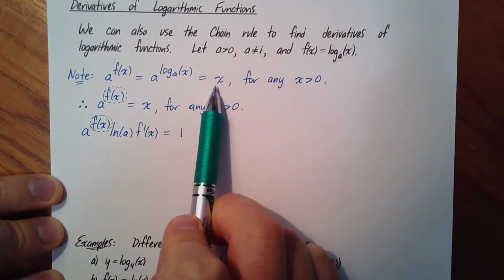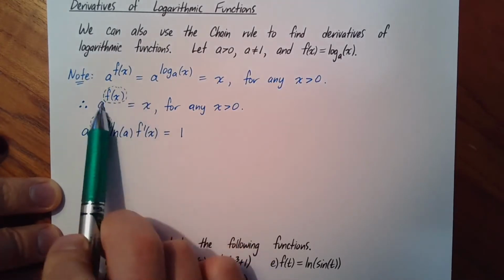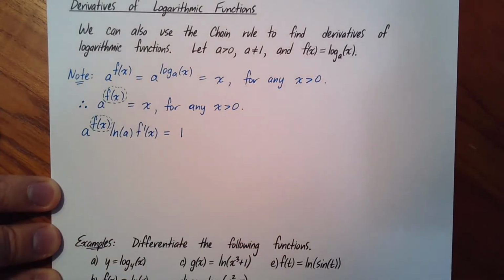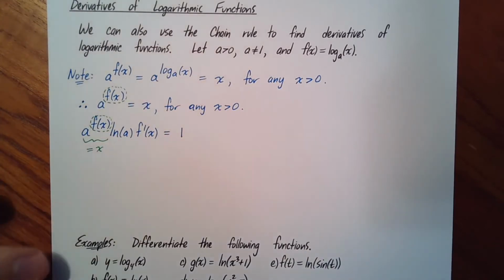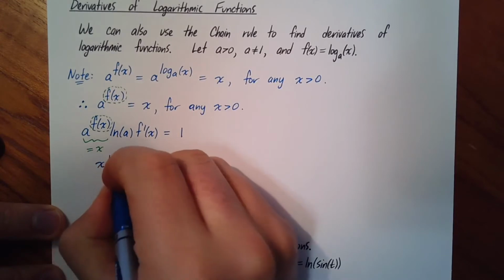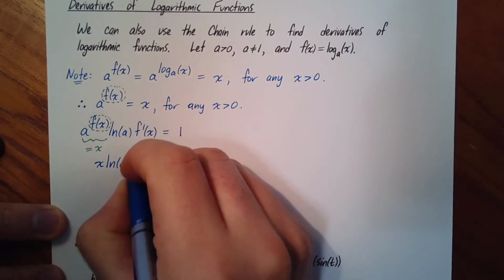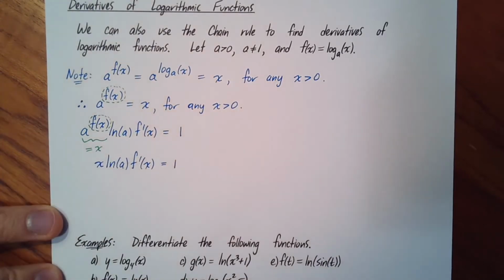A to the f of x is just equal to x. Let's plug that in here, so this is just equal to x. So what you end up with is x times the natural log of a times f prime of x is equal to 1.